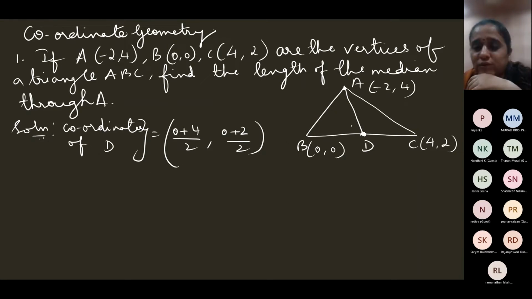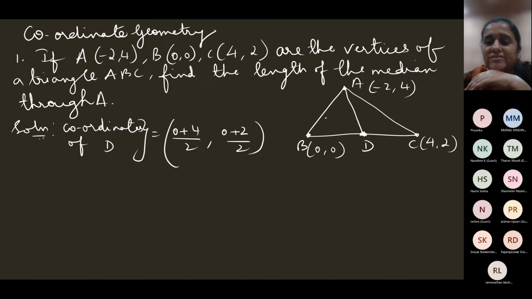When we are finding the coordinates of D using BC, sometimes the doubt is which coordinate should we take as x1, y1 and which one is x2, y2.